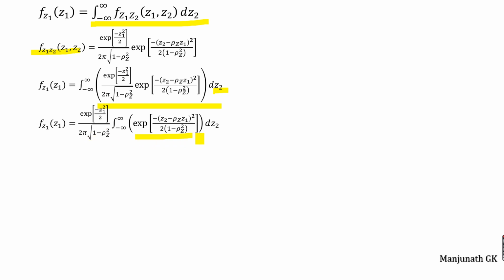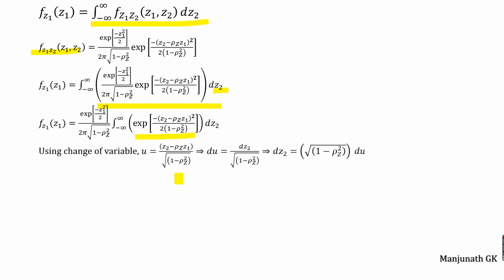Only remaining terms are z2 terms. And using the substitution method, a change of variable, substitute u equals this complete term, z2 minus rho z1 divided by square root of 1 minus rho square. That should be replaced by a term u.